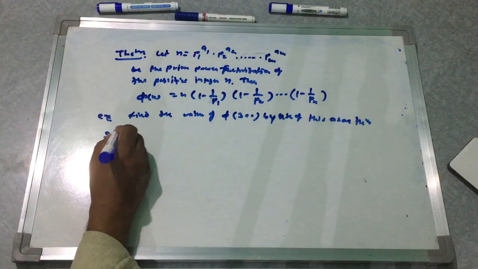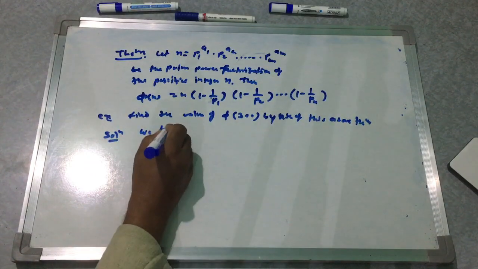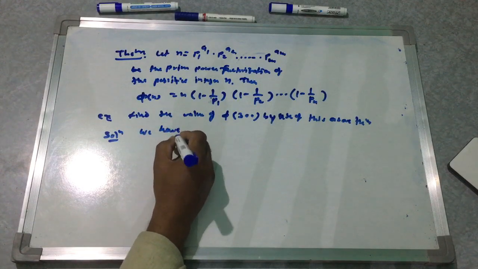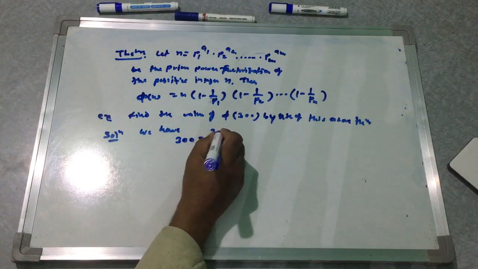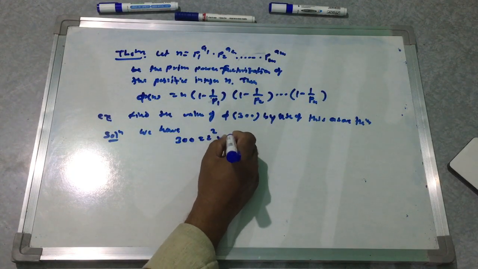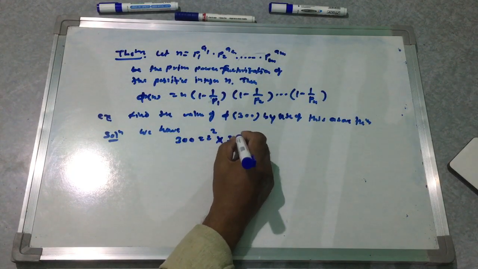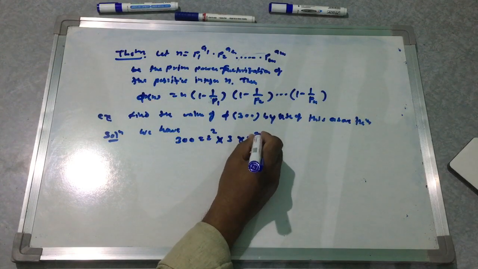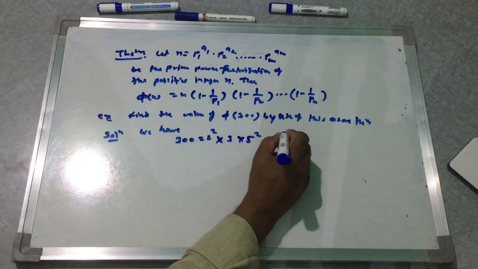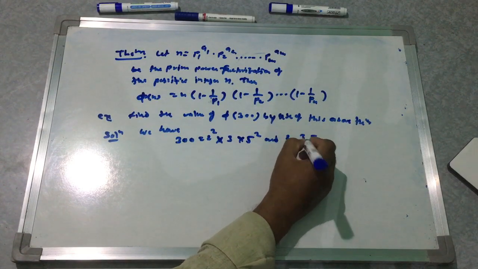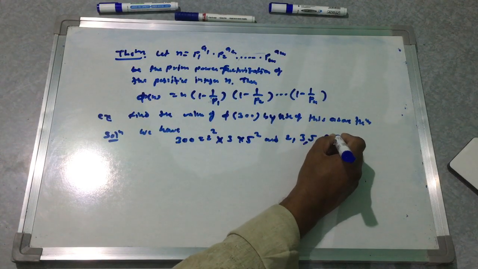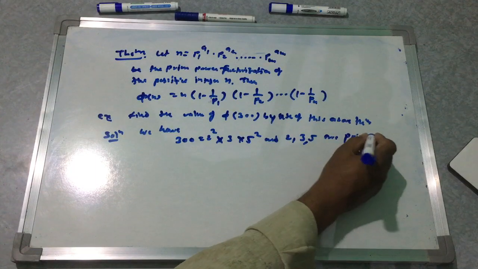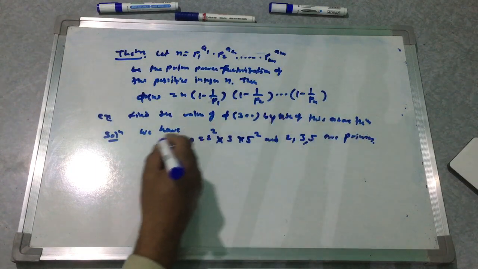So in the solution we have to look into this. 300 is equal to 2 square into 3 into 5 square, and 2, 3, 5 are the primes. Prime numbers you know very well.